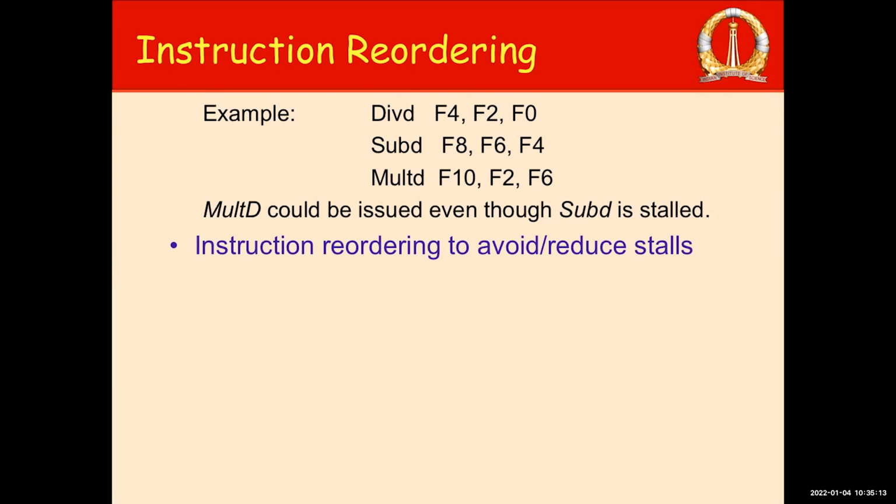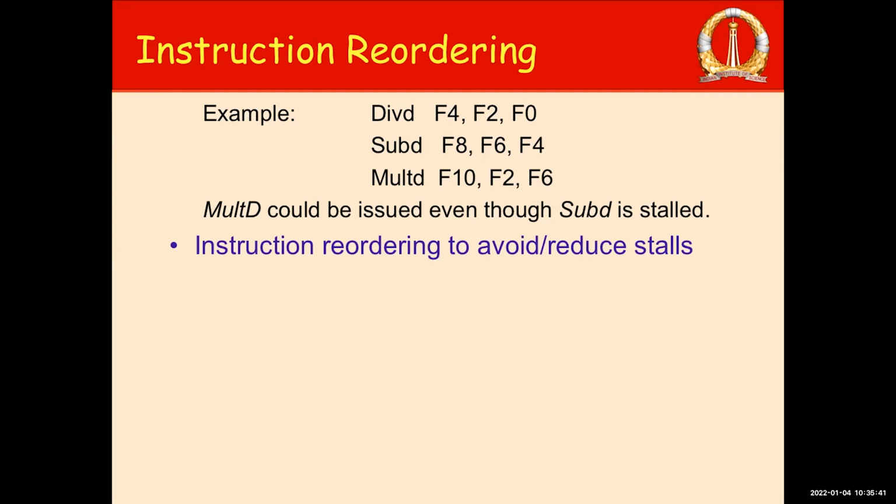Even though the subtract instruction, which is ahead in program order, is stalled because it is dependent on the divide instruction, which has not completed its execution, can we allow the multiply instruction to go ahead and execute? If you issue the multiply instruction out of program order, even before the subtract is issued for execution, that is essentially what is called out of order issue.